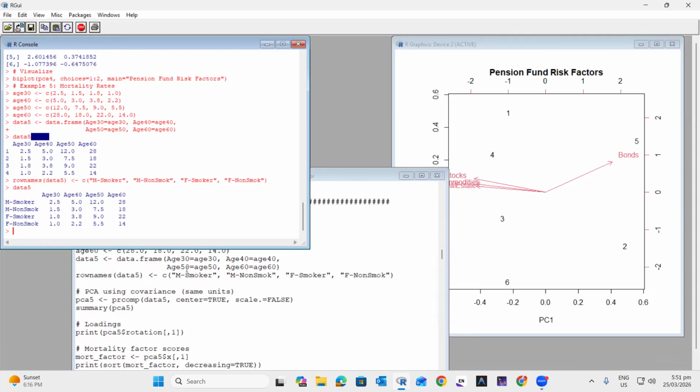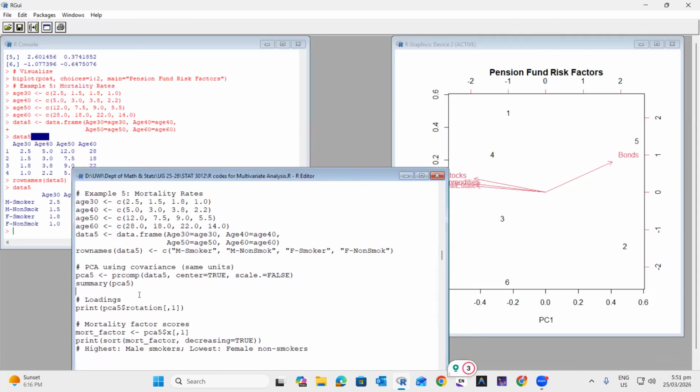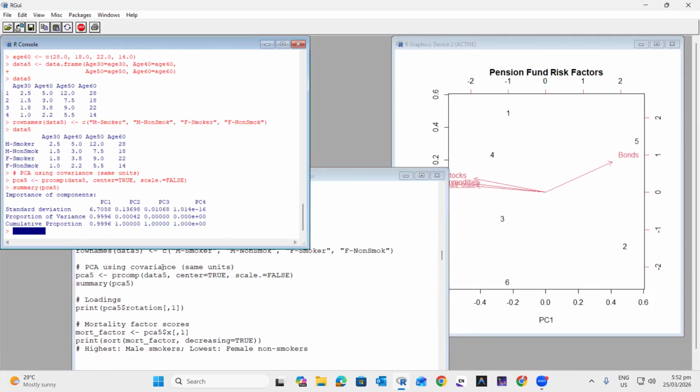All right. So what we are going to do is apply PCA here, and this time we are not going to scale it. The command will remain the same, and we will check what happens. This is the mortality summary of the principal component analysis.